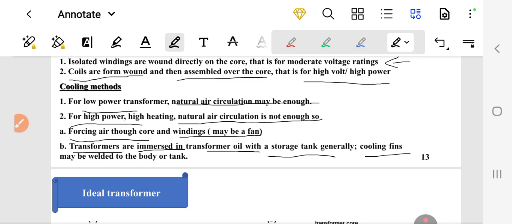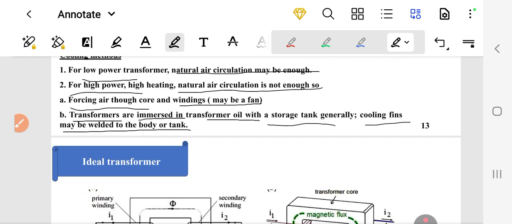The cooling fins on the outer surface of the transformer may be welded to the body of the tank to transfer the heat from the inside of the transformer to the outer medium.